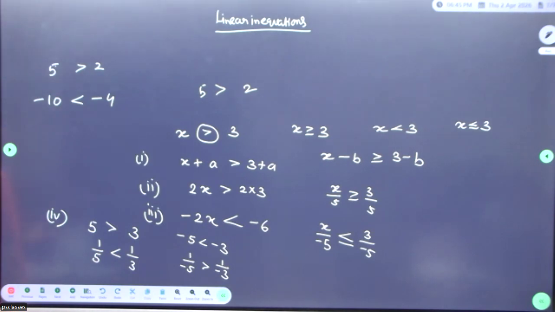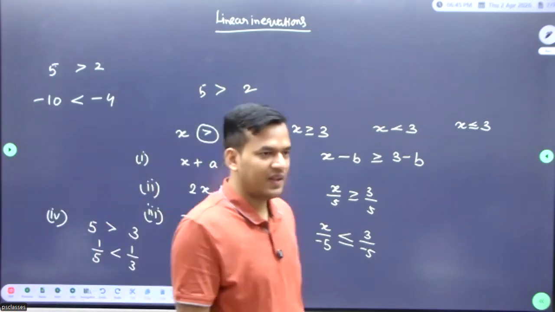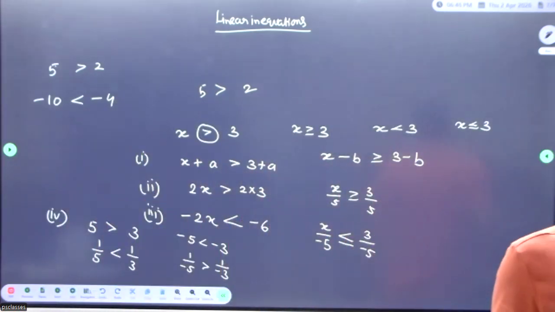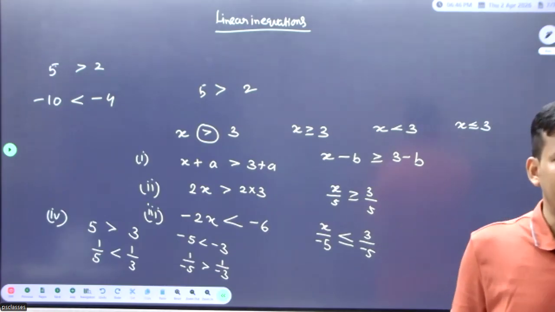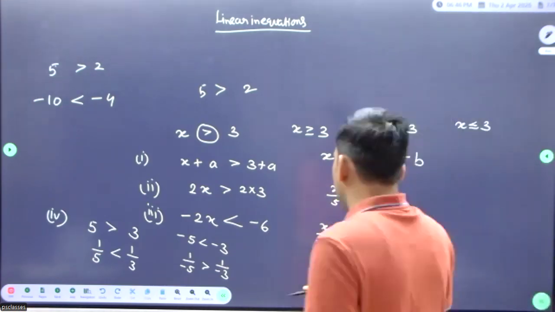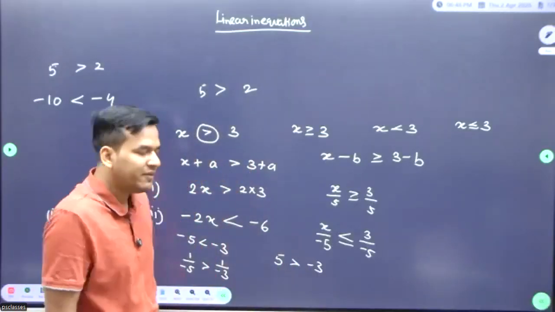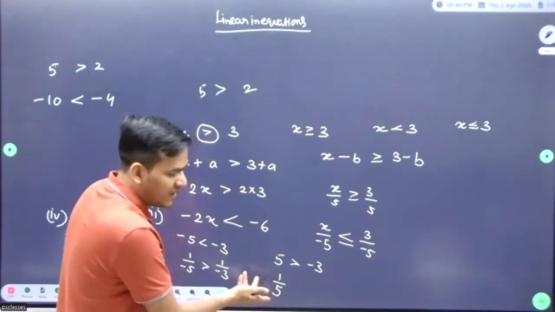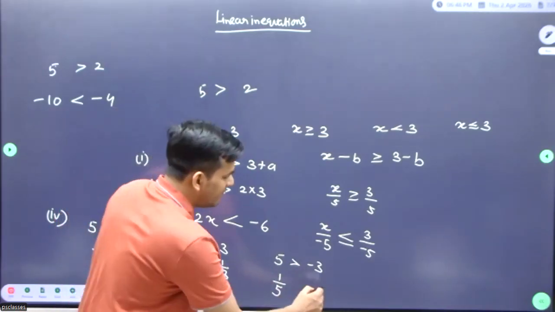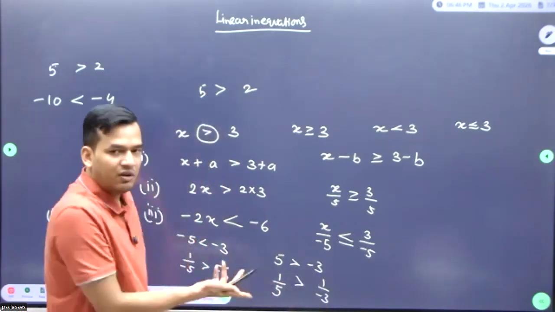What if both numbers have different signs? One is positive, another one is negative. Then there will be no impact on the inequality sign, because a positive number is always bigger than a negative number. So suppose you take 5 and minus 3. In this case, 5 is greater than minus 3. Even if you take the reciprocal, the left side number is positive, the right side number is negative. So this is always greater.